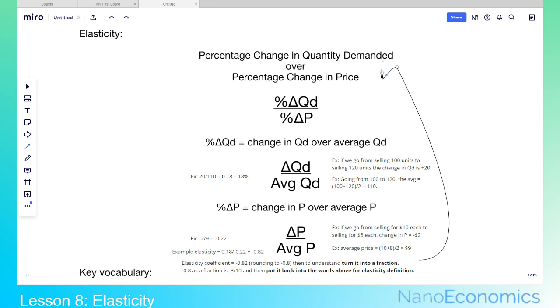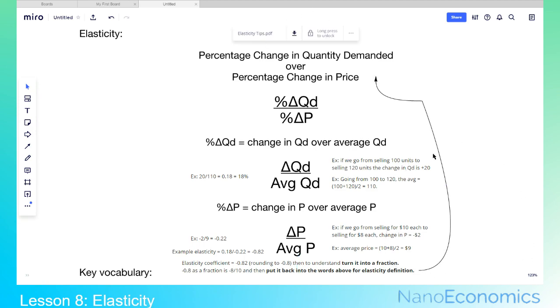So it's this definition here that we need to use, when we're putting the words back into the definition for elasticity.